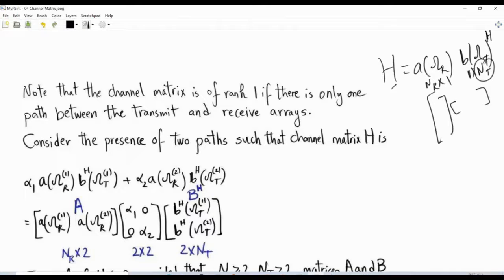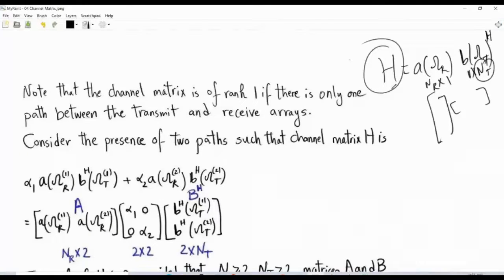The number of streams you can transmit is not just N_T. It is related more to the rank of this matrix H. So if the rank is 1, that's it for you.